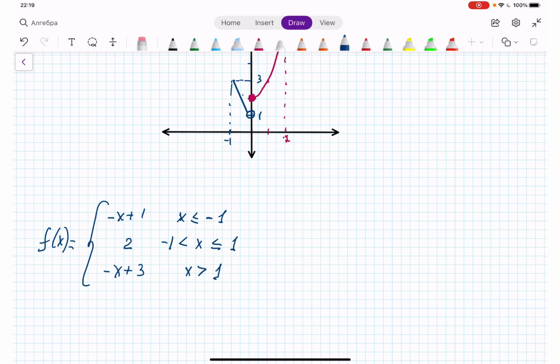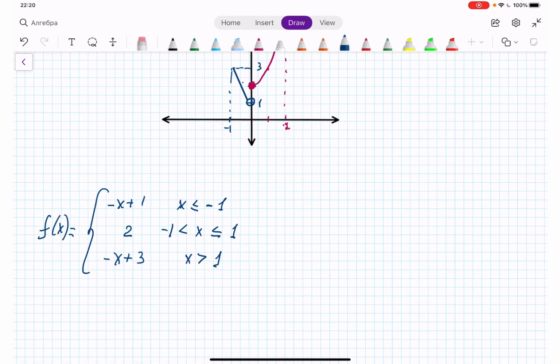So before we graph this function, we can make a table of solutions, unless you know how to build a linear equation, the linear function, right? But let's figure out the domain. This is all our domains. x less than negative 1, x greater than negative 1 and less than or equal to 1, and x greater than 1.